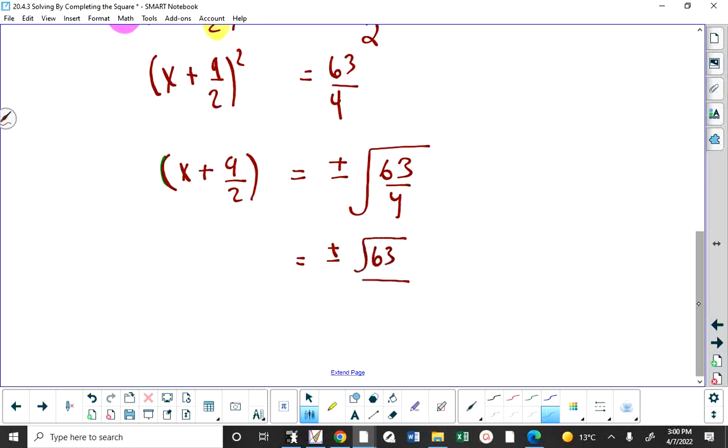63 over 2. You're going to be really surprised how often the bottom of that fraction, no matter what the equation is to begin with, ends up being a perfect square, which is really weird. And that is also going to be helpful because you'll get a common denominator when you finish your last step.